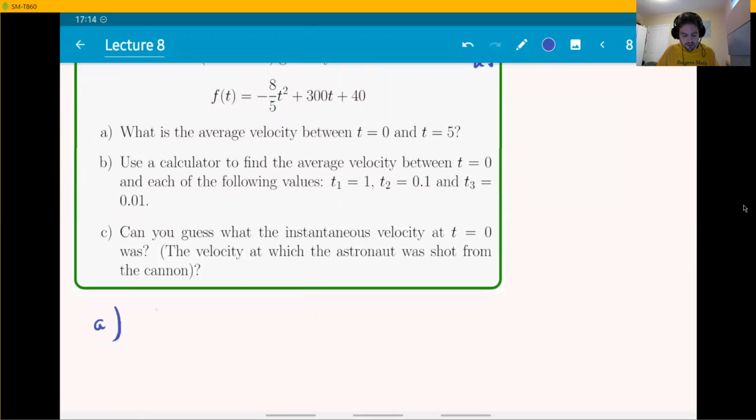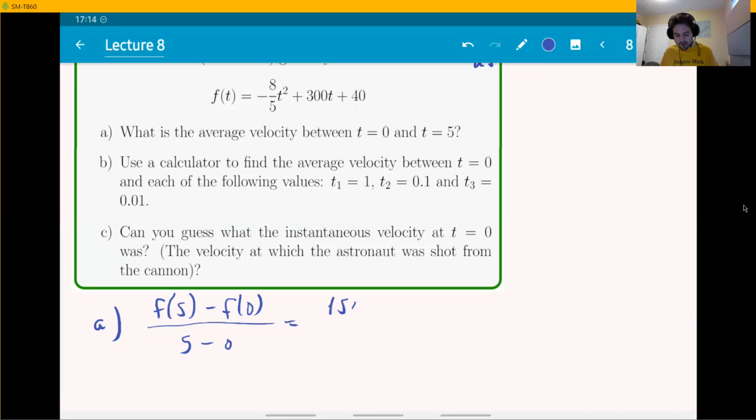The way to answer this is exactly by this difference quotient. You're going to be looking at how much the height has changed over that interval and divided by how much time has passed, 5 and 0. All right, so if you compute, I wrote down the numbers in here.